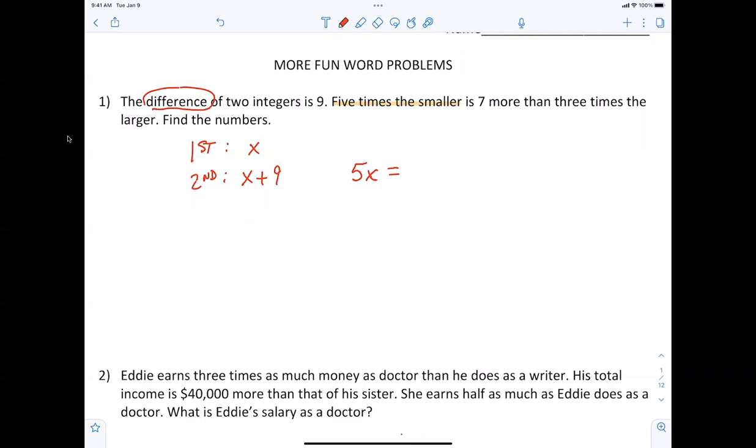You need to know it's plus 7. The reason that's important is because I could have said "difference," and if you don't put minus, it's not going to be correct. So 7 more than what? 3 times the larger. Which one's the larger? So then it's 3 times X plus 9.